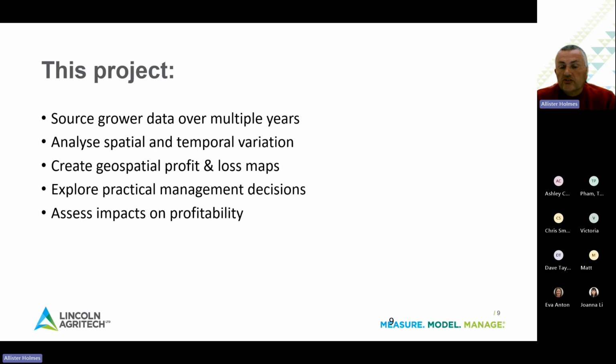So the aim of this project was to source grower data from multiple years. And as I said, yield monitors have been in use in New Zealand on combine harvesters since the 90s, and a lot of data has been recorded.